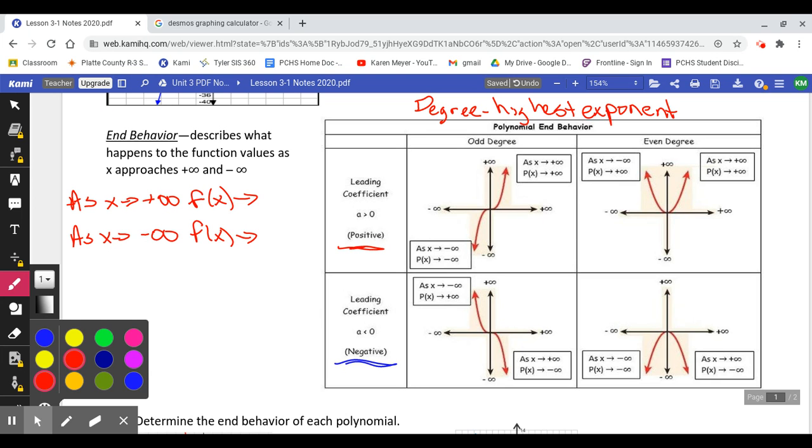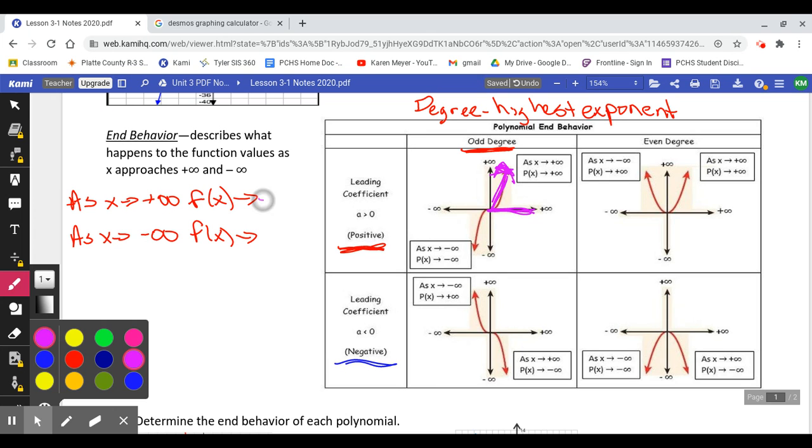So let's say we have a positive A and our degree is odd. As x goes to positive infinity, which is over here on the right side, if I look at my graph, does everybody agree in this picture my graph is going up? I have a little arrow pointing in the upward direction.